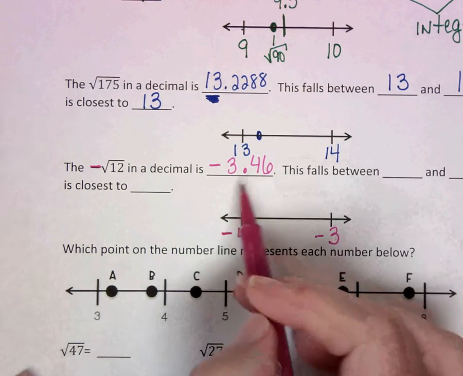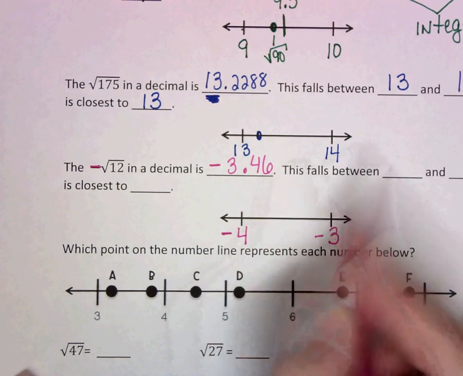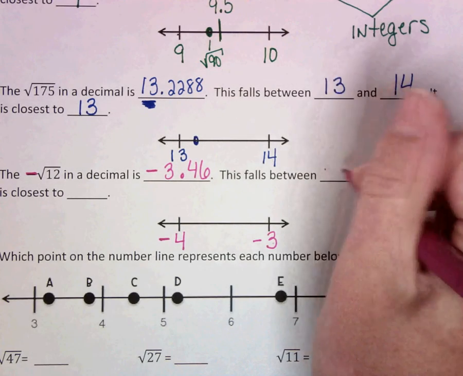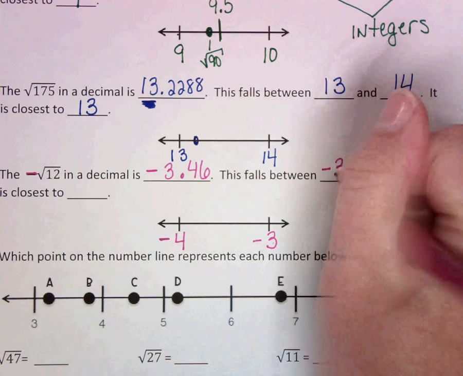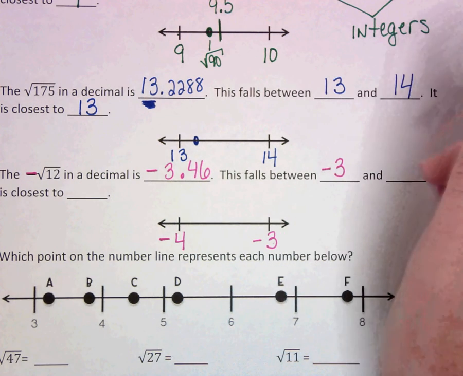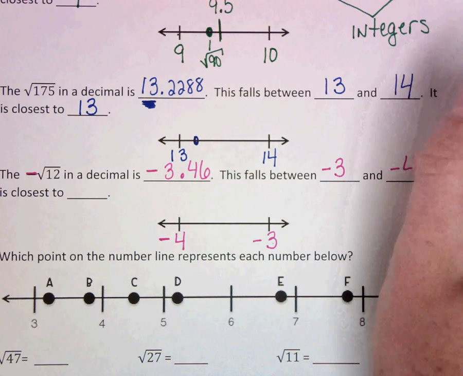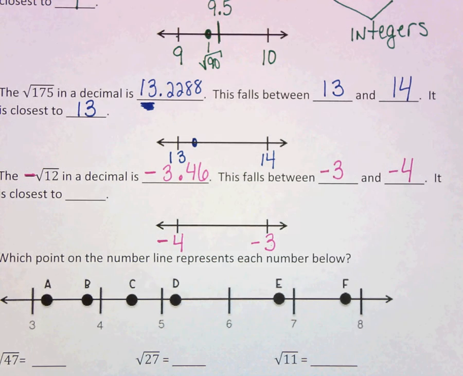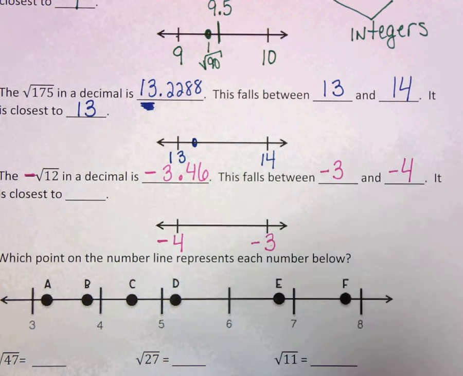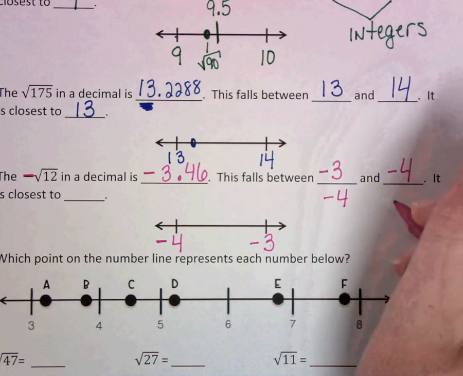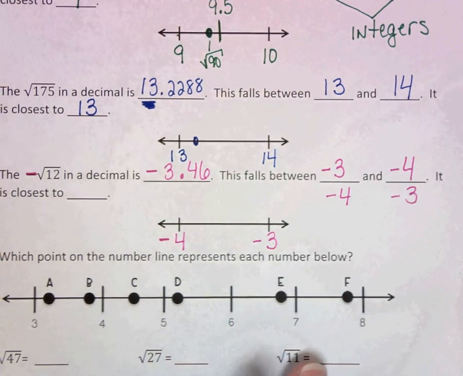So negative 3.46, that's working away from 0. That means that it is between negative 3 and negative 4. Or we might have said negative 4 and negative 3 if we want to list at least the greatest.